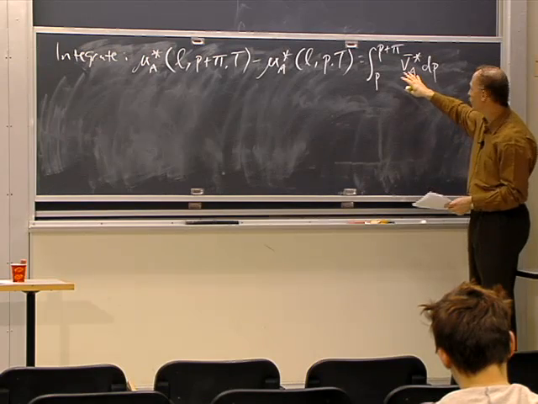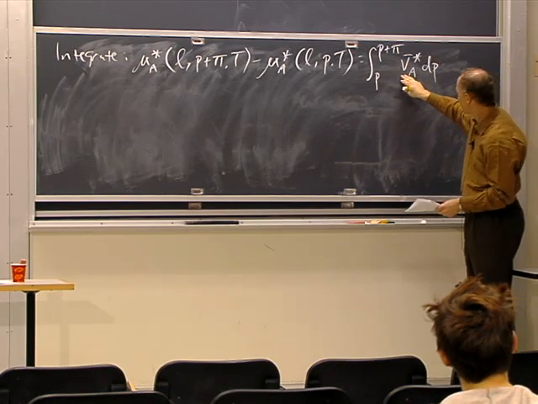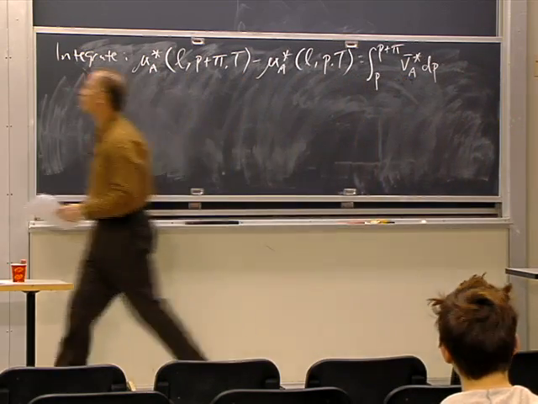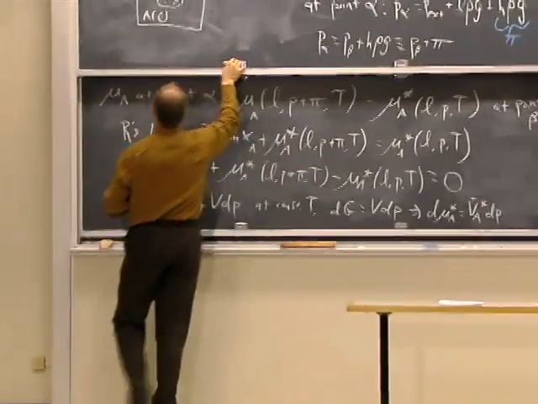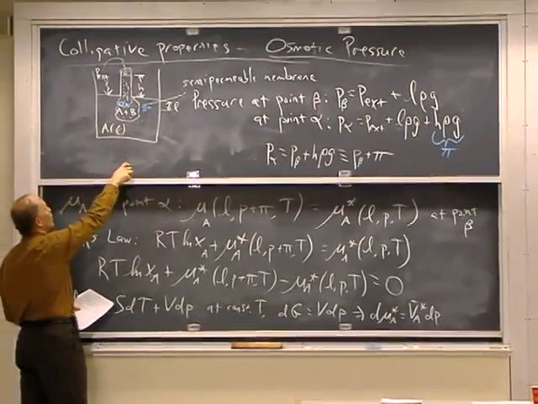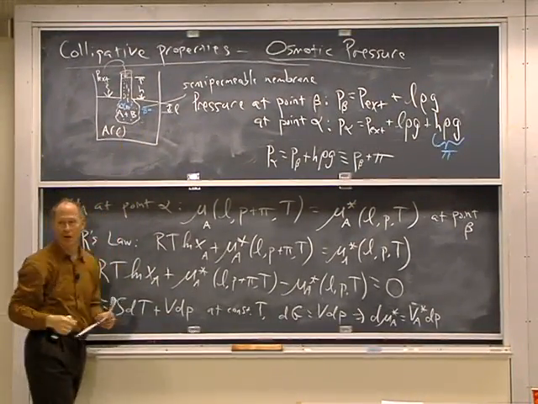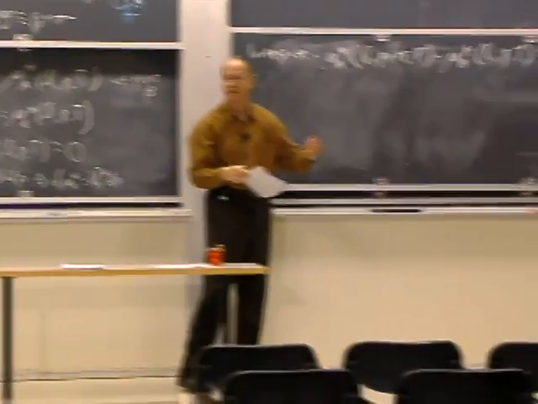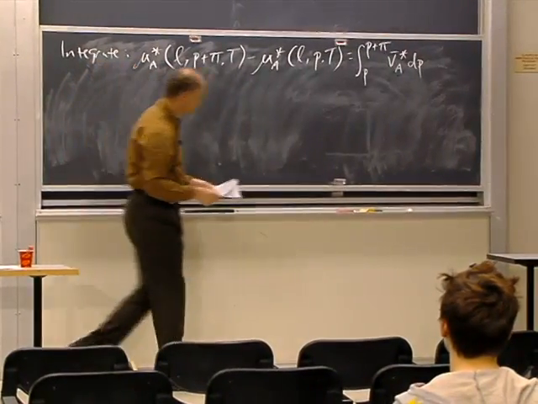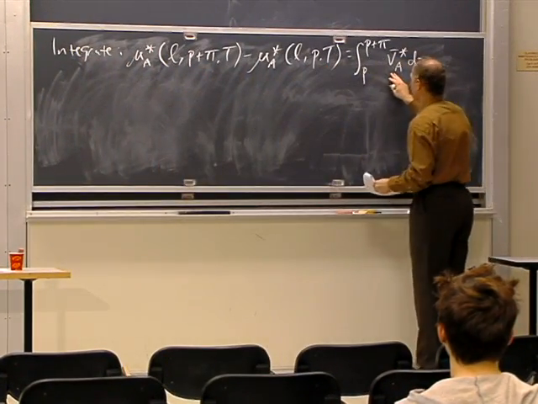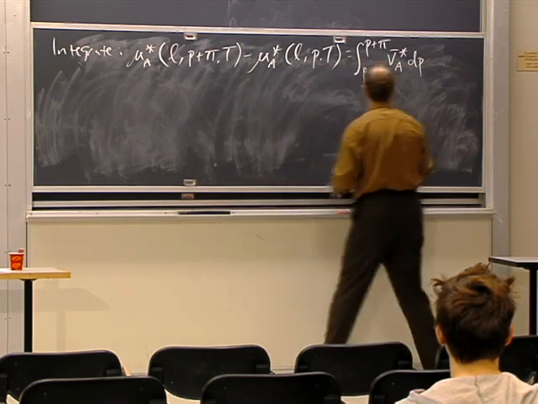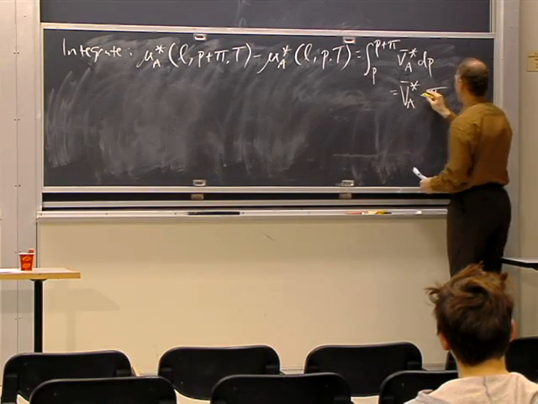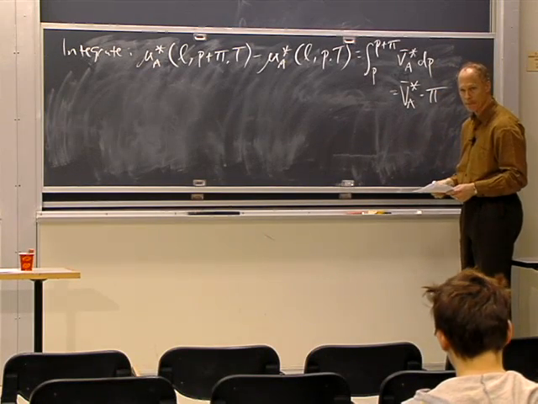And now I'm going to assume, and this is certainly a safe assumption, that this molar volume isn't going to change. In other words, the molar volume of liquid A isn't going to change significantly going from the pressure out here to the pressure in here. On the grand scale of things, it's a small pressure change. We can assume that the liquid is incompressible over that small pressure change, which means that this is constant, and so all we have then is simply VA bar star times pi.